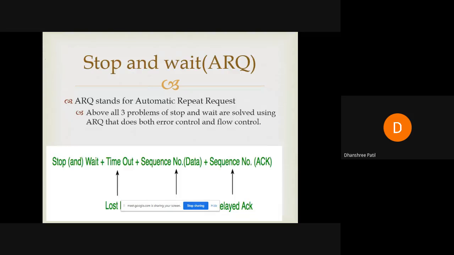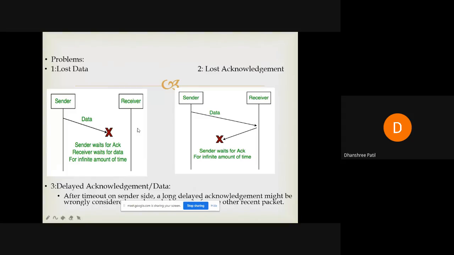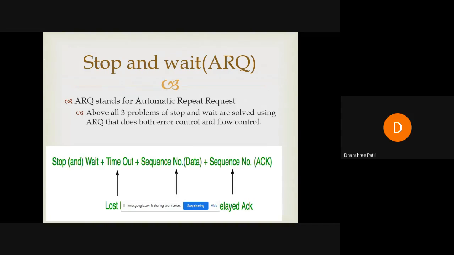To overcome these problems, the next protocol comes, which is nothing but ARQ, automatic repeat request. Instead of waiting for the acknowledgement from the receiver, it will set some time, and after that time the data will automatically be resent.